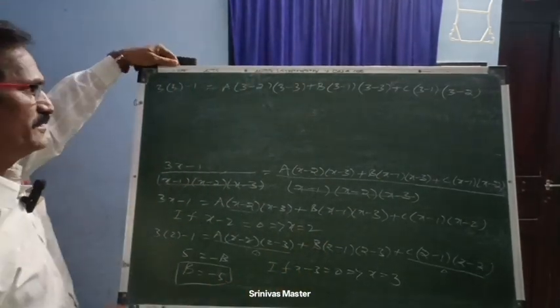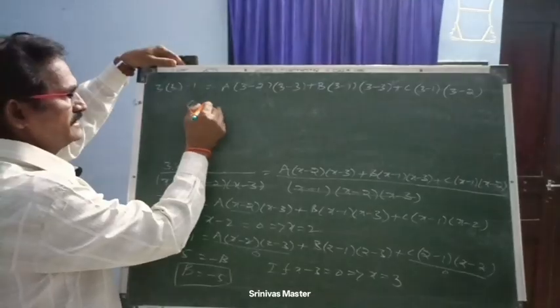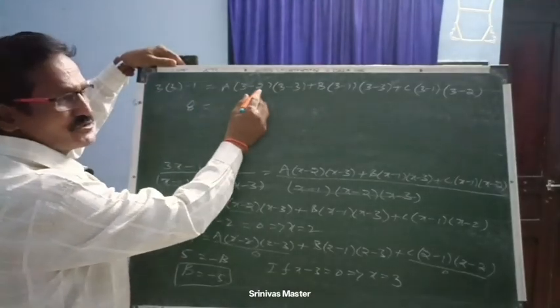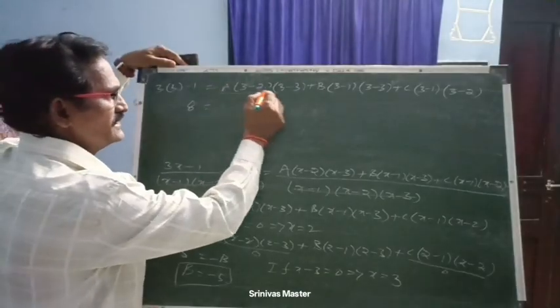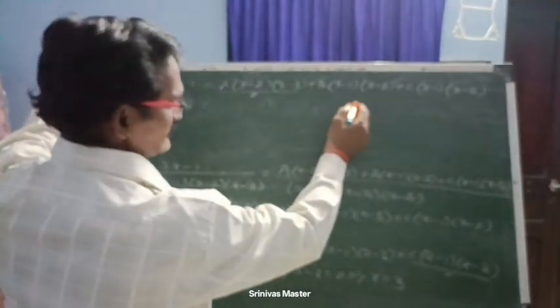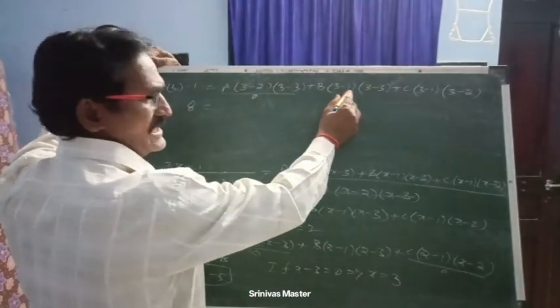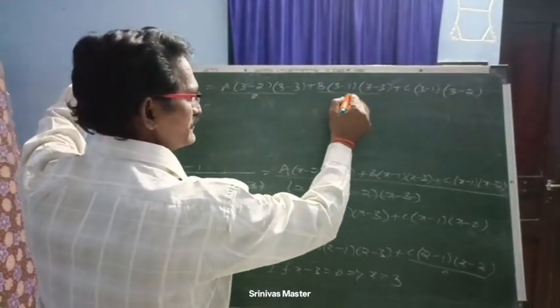See children, by simplification, 3 3s are 9, 9 minus 1, 8. Here 3 minus 2 is 1. But 3 minus 3 means 0. 0 into something is 0. This part becomes totally 0. Right? Next one, 3 minus 1 is 2. But 3 minus 3 is 0. Again this part is also 0.